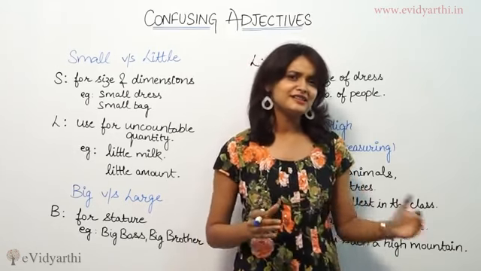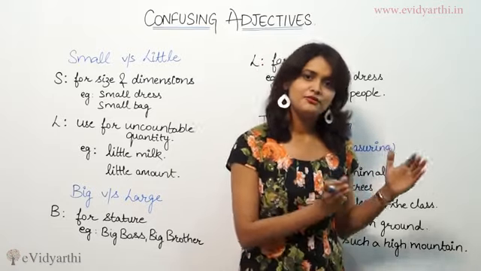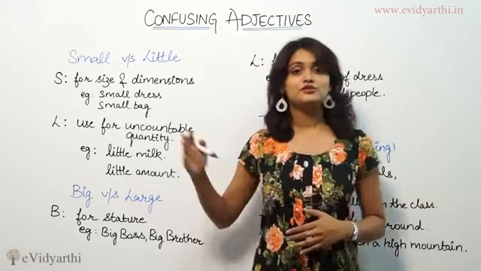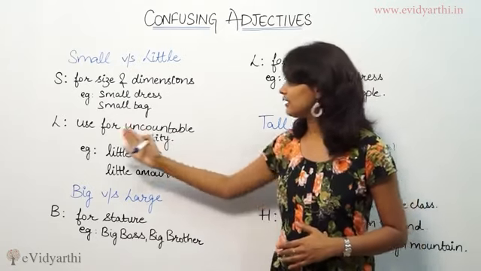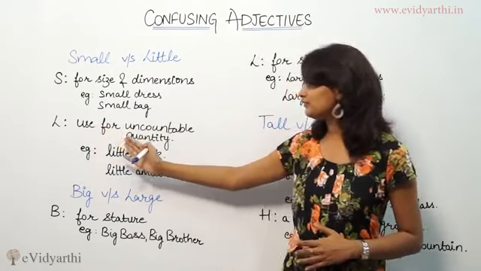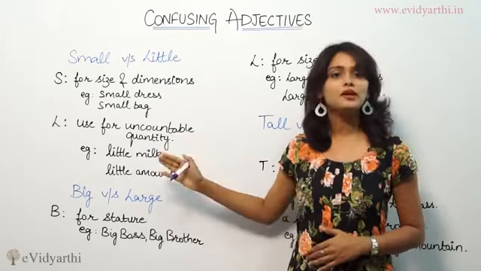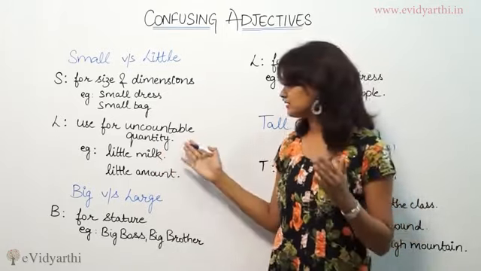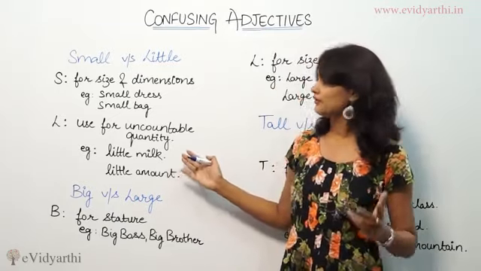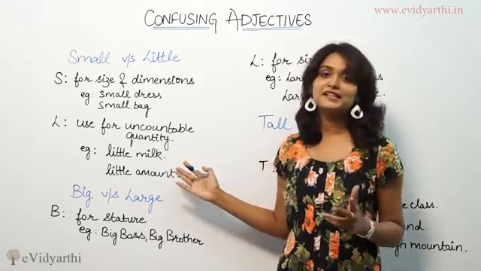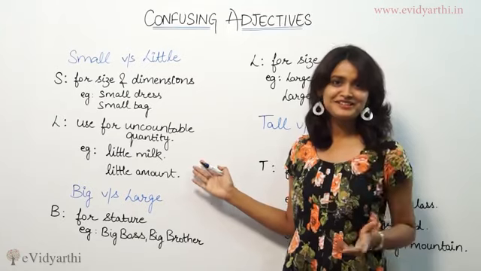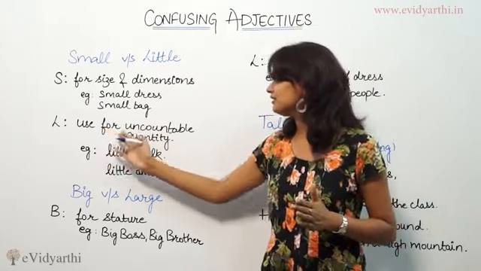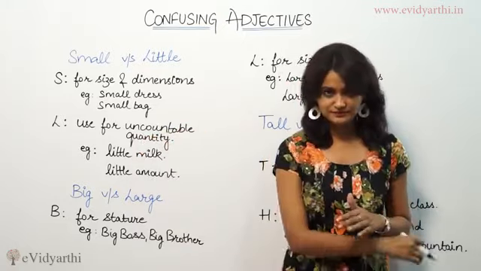I will say I have little space left. Very little space left means you cannot sit here. So in this way we have seen how we use the word little for uncountable quantities, where we cannot count anything, whether it is little space or little milk, right? Or like we said, my brother is so little. Little brother means younger brother. So in all these ways we are using little for uncountable quantity.